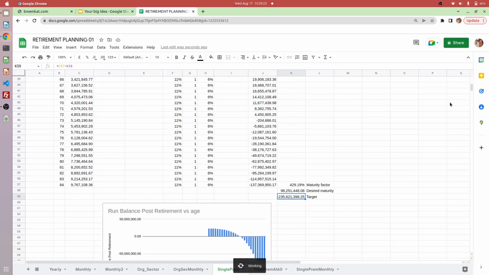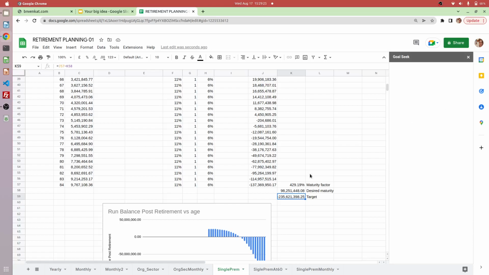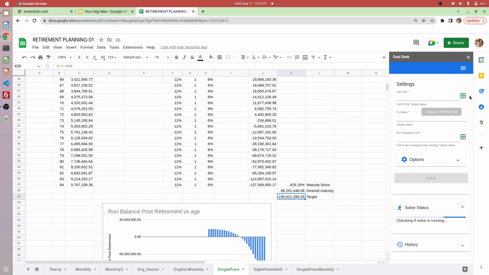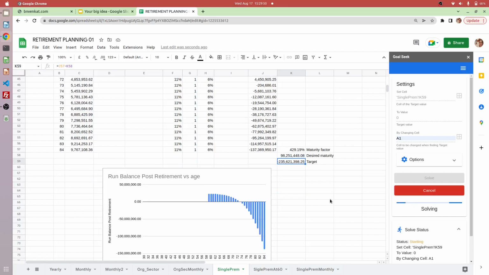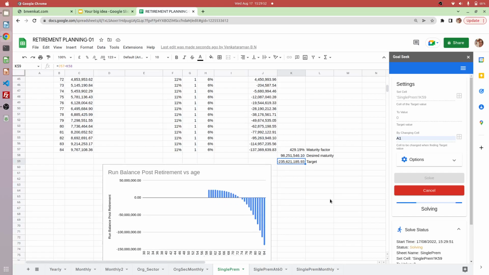Open it, and the target field, we have selected it. We have kept the cell selected, and this value has to come to 0 or nearer to that. Then the variable field is A1. This we have taken. Now let us solve it. If everything is correct, we will be able to get a correct answer.